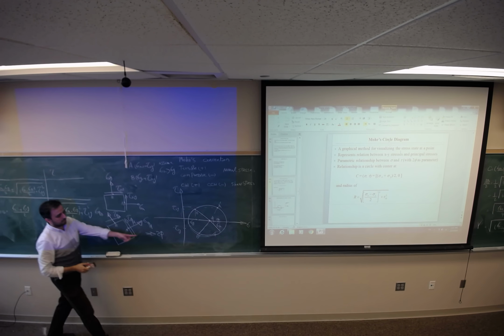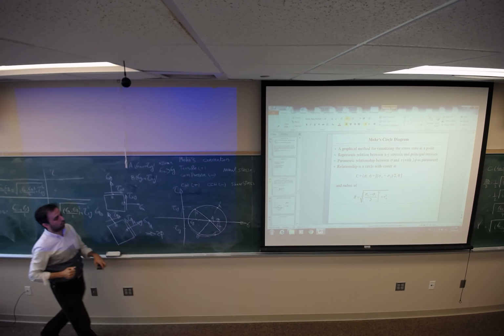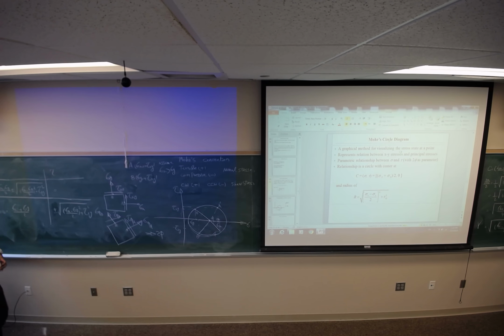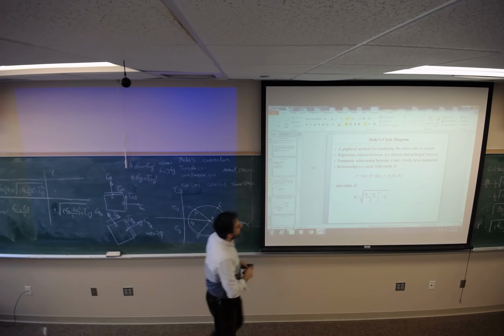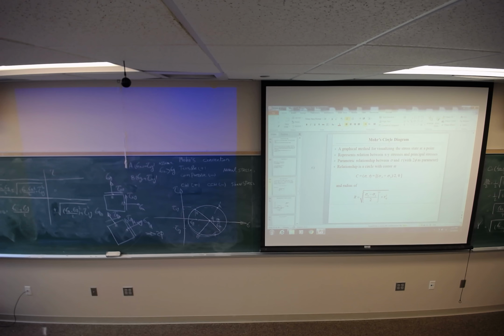Similarly for point B, whatever the normal stress, or the coordinate of point B on the x-axis, represents sigma phi at B, and the shear stress at point B. Is that clear? How the Mohr circle is working?